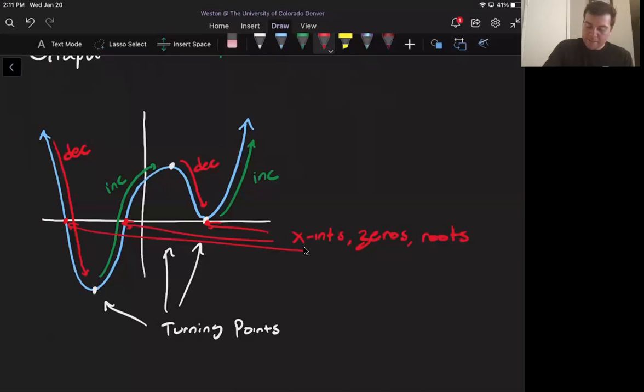And finally, the last important point on our graph is right here. It's this y-intercept. And again, because functions have to satisfy the vertical line test, there's only ever one y-intercept.